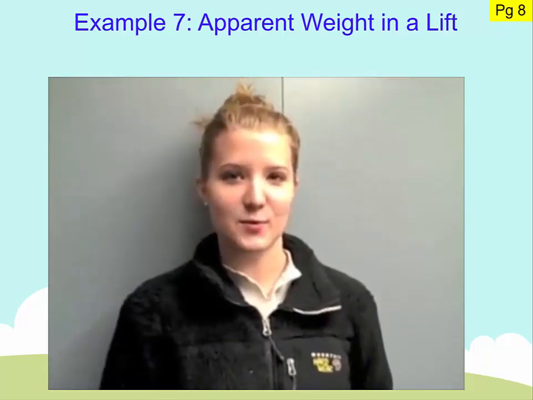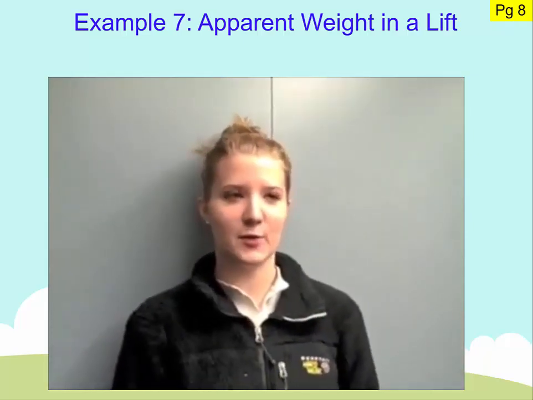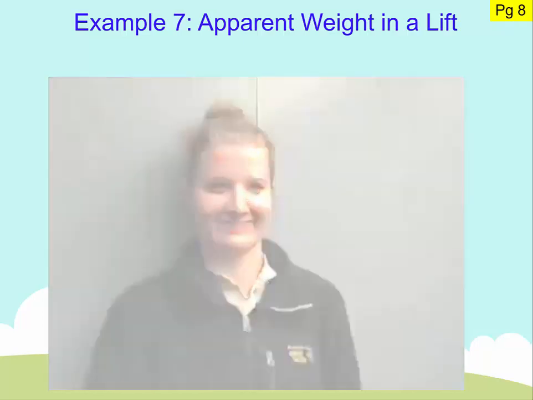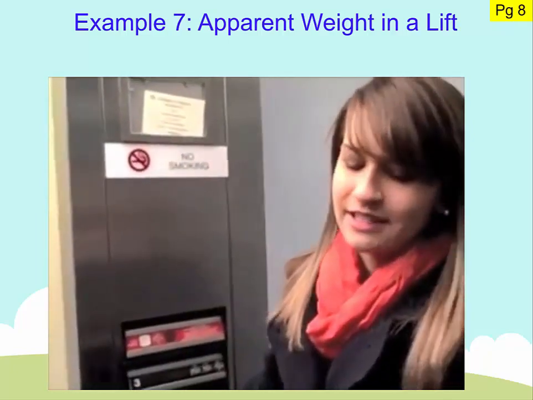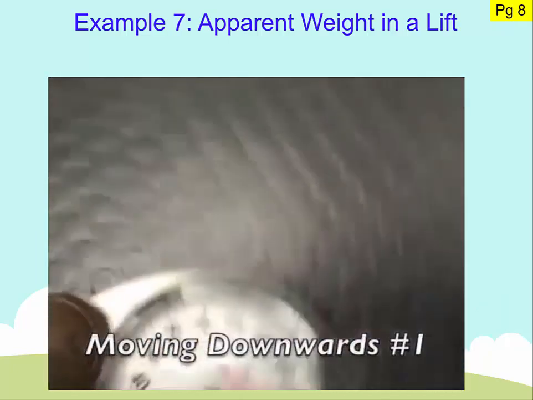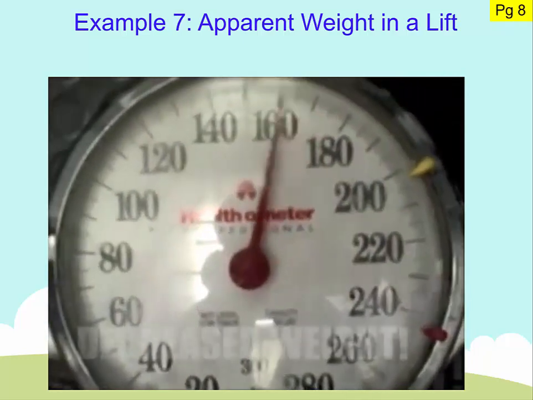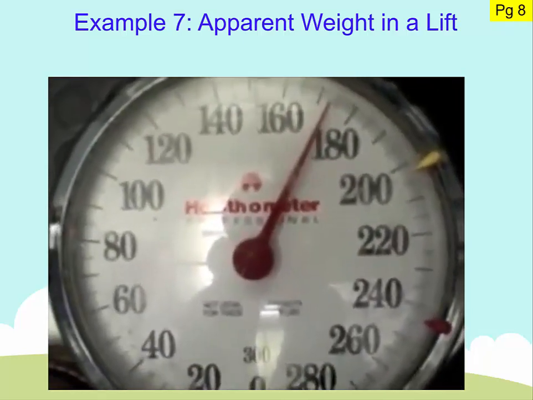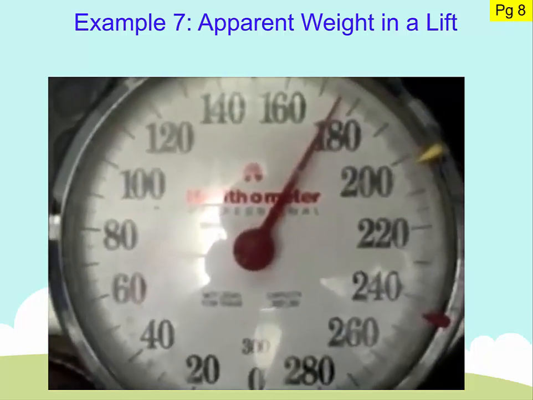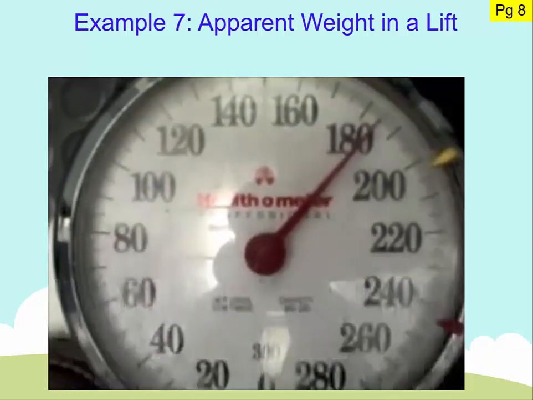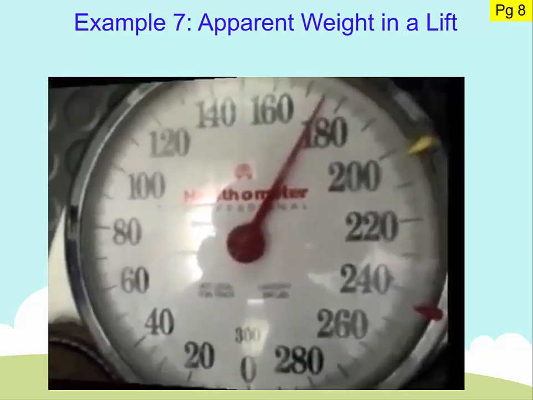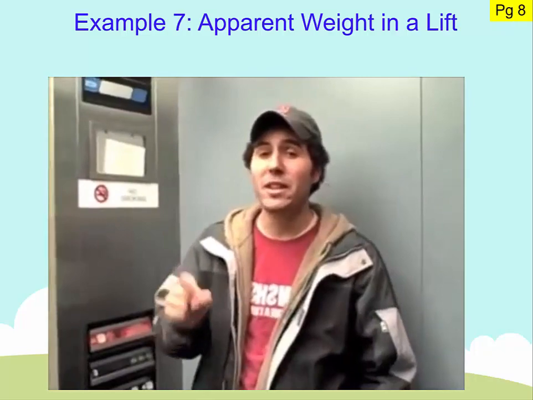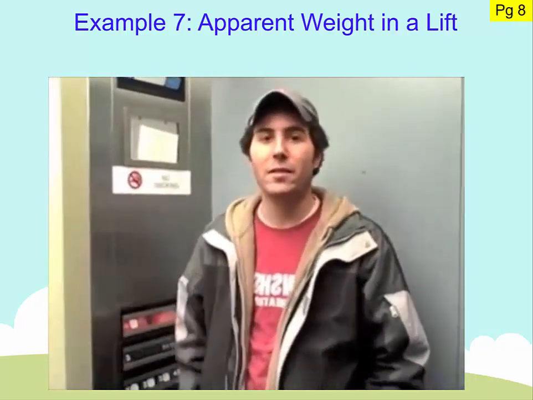And then as we reach the floor, it will accelerate upwards as it slows down, and his weight will increase slightly. His weight should decrease and then increase. So we just proved that weight is dependent upon acceleration, and it can be shown in this elevator. Now we're going to head over to another elevator.